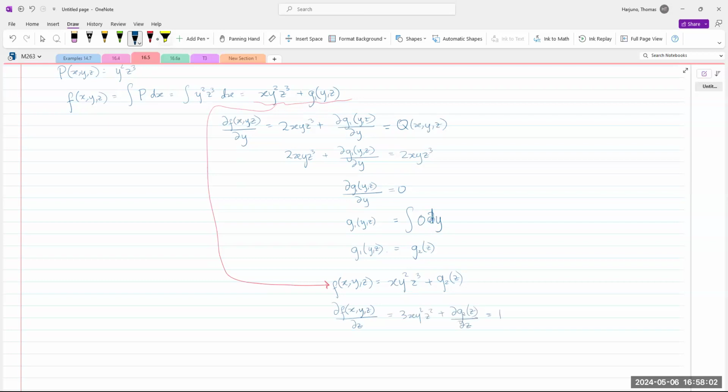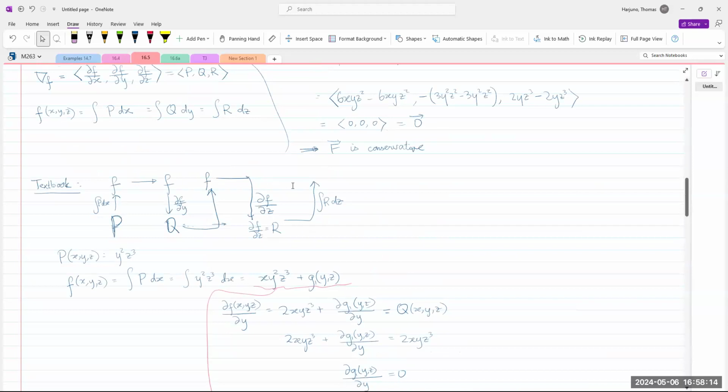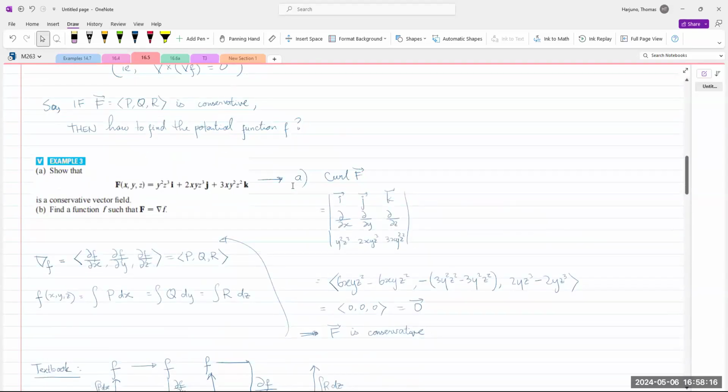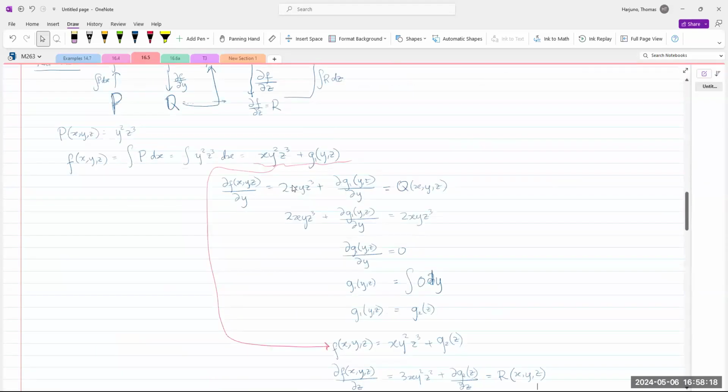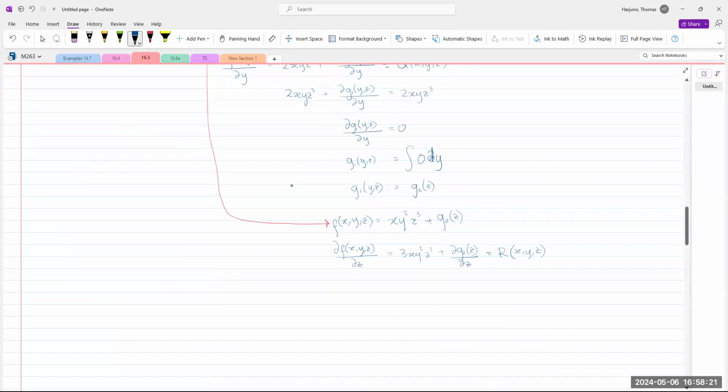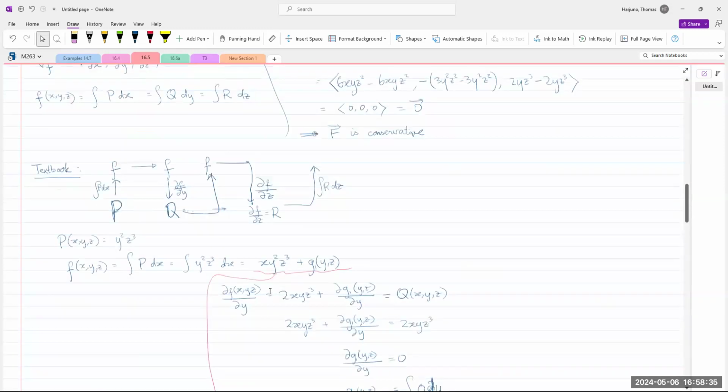Now we need to match that with r. When we look at r, what is our r? 3xy squared z squared. Is it right?